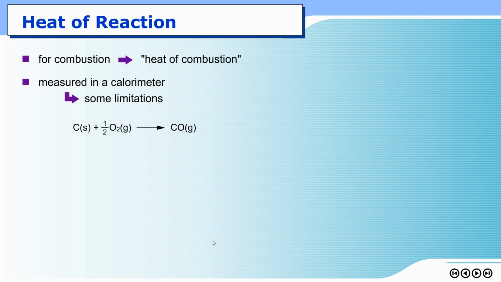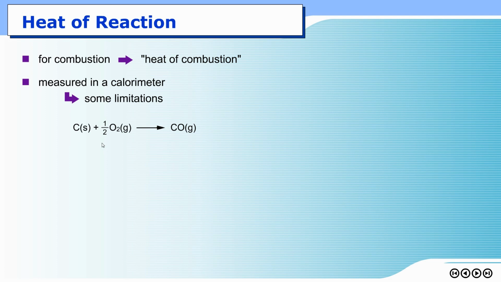If I want to get the heat of combustion from the burning of coal, let's say charcoal, pure carbon, and I would like to get the energy change, or enthalpy change, associated with this equation, where on the right hand side, instead of carbon dioxide, I get carbon monoxide.